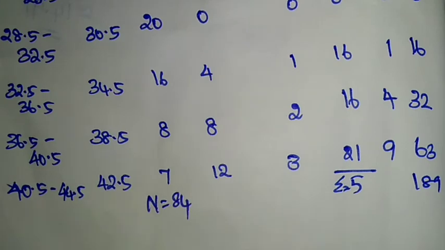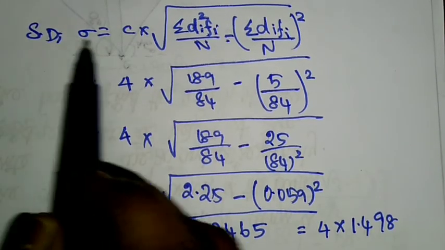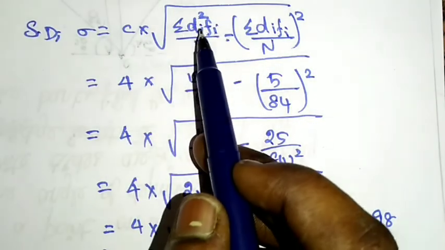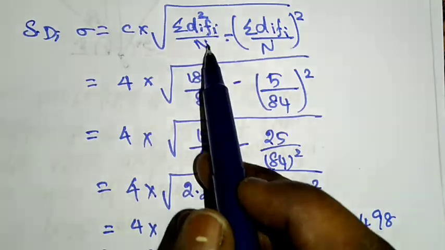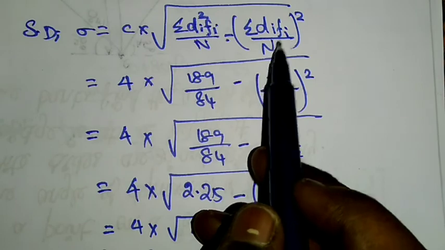Okay. Now we have to find SD. Standard deviation sigma is equal to C into root of summation fi di square divided by N minus summation fi di divided by N, the whole square.